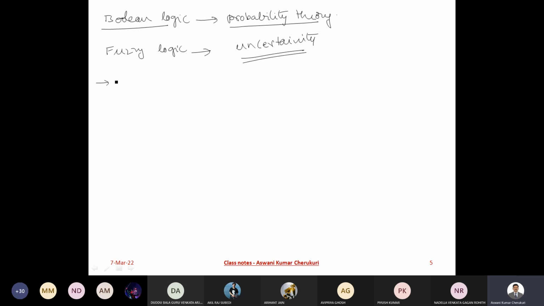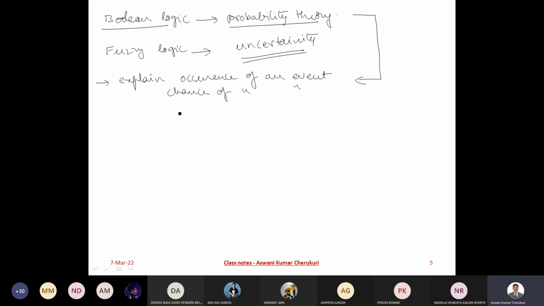Remember, probability theory deals with the occurrence of an event, right? That is the responsibility of probability theory, or else the chance of occurrence of an event.